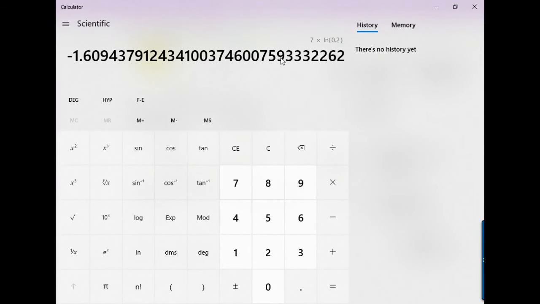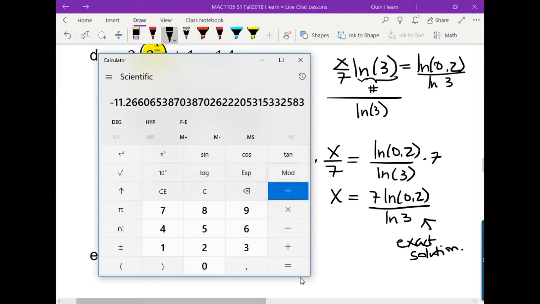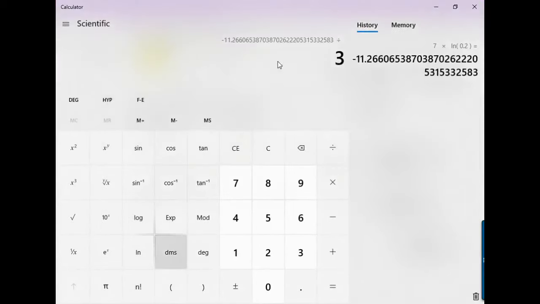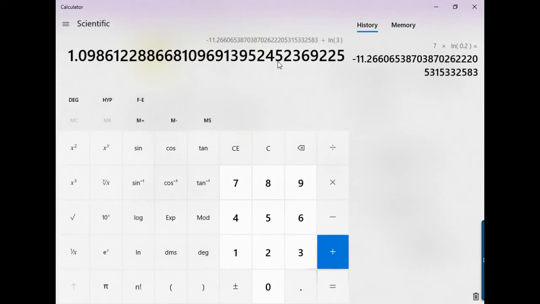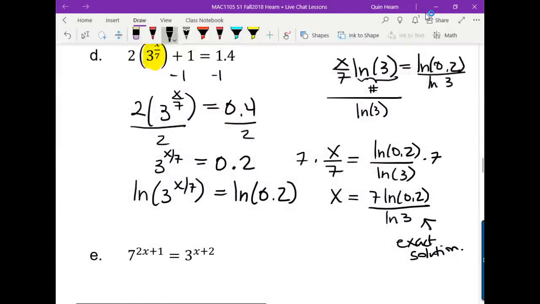Okay, and then we're going to divide, let me say equals, so that's what's in the numerator, and then we're going to divide that by the natural log of 3. And so we get about negative 10.25. So x is approximately negative 10.25.